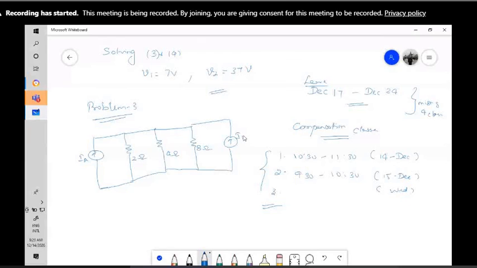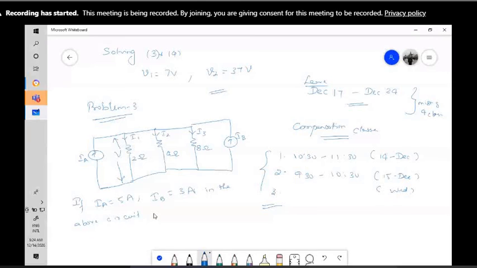If IA is given as 5 ampere and IB is given as 3 ampere in the above circuit, find V.